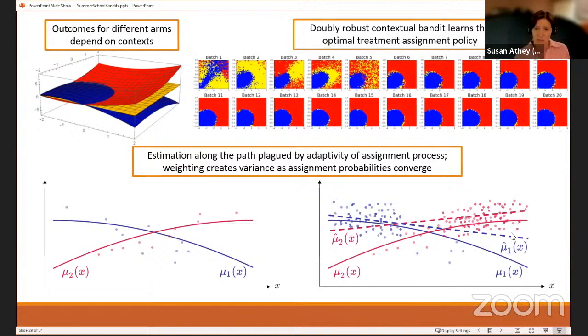This problem is just the same problem we would have in any kind of observational study with confoundedness, but here I've created the problem. So what's the natural thing to do? Well, this paper that I'm showing you here in AAAI proposed using doubly robust estimation in the process of the Bandit algorithm itself.